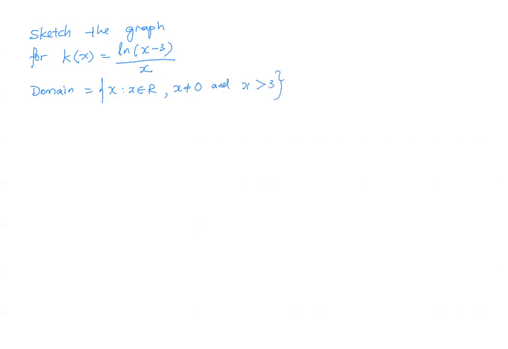So I ask you, if I don't write this, can or not for this case? If I don't write this, is it okay? For this case, if you don't write this part, it's okay. You get me? Because my x is greater than 3, it cannot be 0. So if you write this part or this part, it doesn't matter.